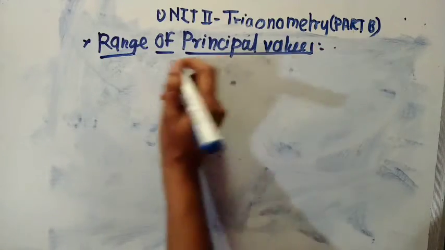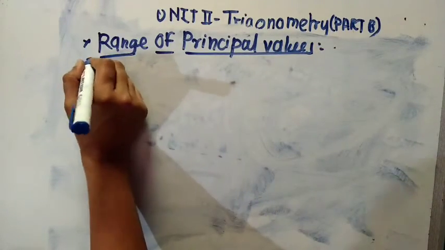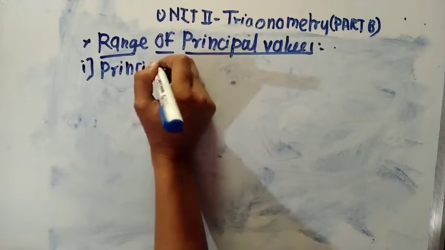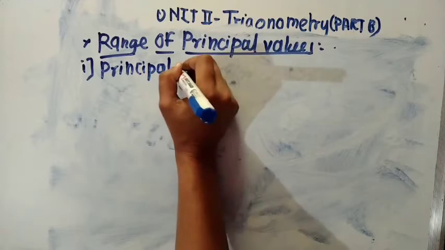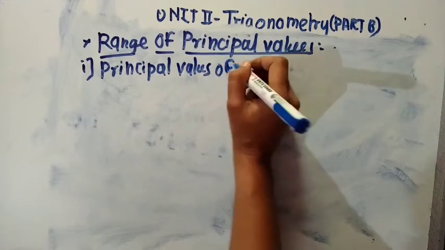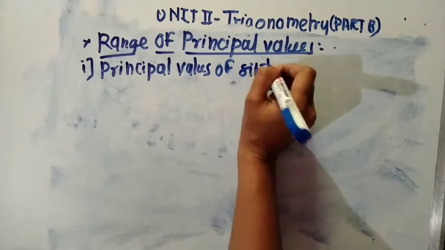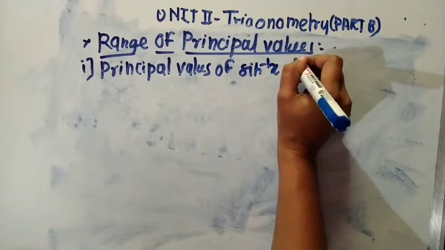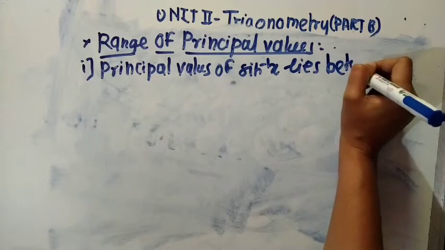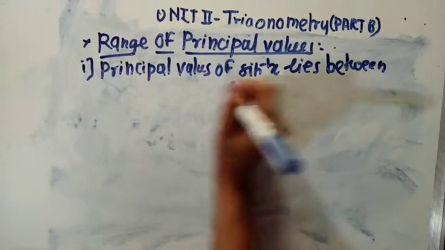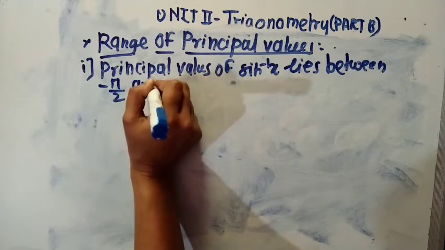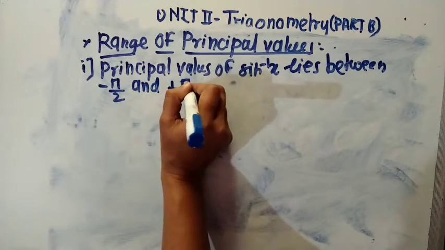First, the principal value of sine inverse of x lies between minus pi by 2 and plus pi by 2.